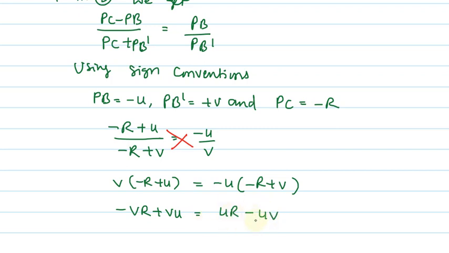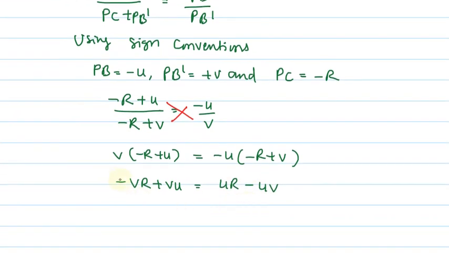If we rearrange the terms by transposing minus VR to the other side and minus UV to the LHS, we can write 2VU is equal to UR plus VR.